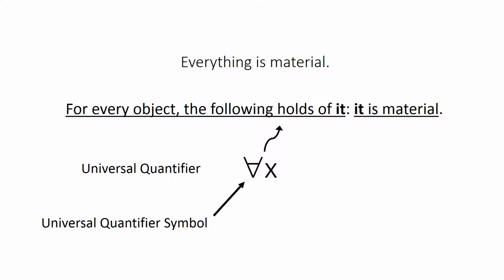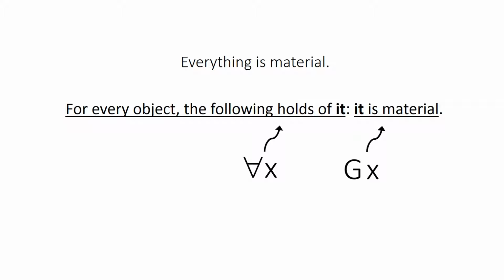That upside down A on the left, we call that the universal quantifier symbol. And that little X on the right is our formal counterpart to the English pronoun it. We're going to call X a variable. Note that the universal quantifier symbol will only ever show up with a variable immediately after it. So universal X together forms a universal quantifier.